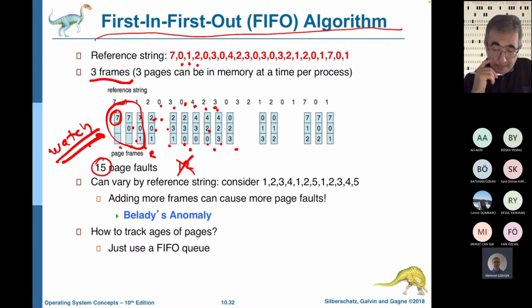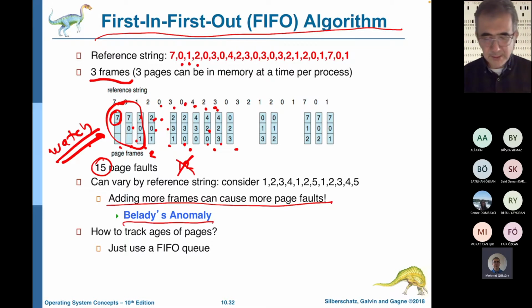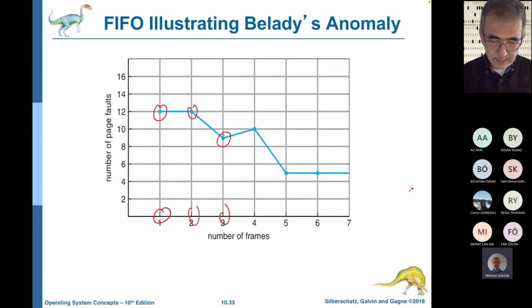Sometimes adding more frames can cause more page faults because the numbers don't align. We call it Belady's anomaly, and I will show an image like this. With frame size 1, there are 12 page faults; with 3, 9 page faults; with 4, 10 page faults.